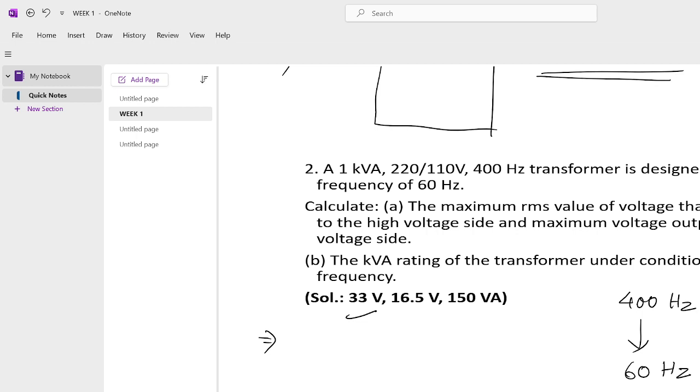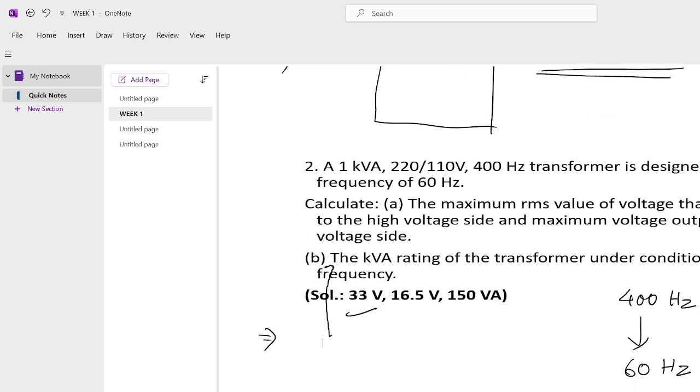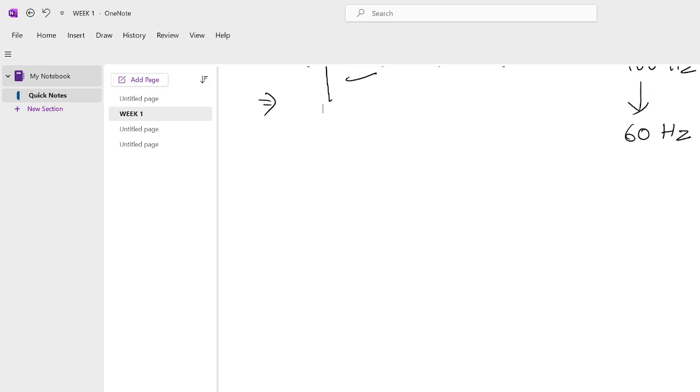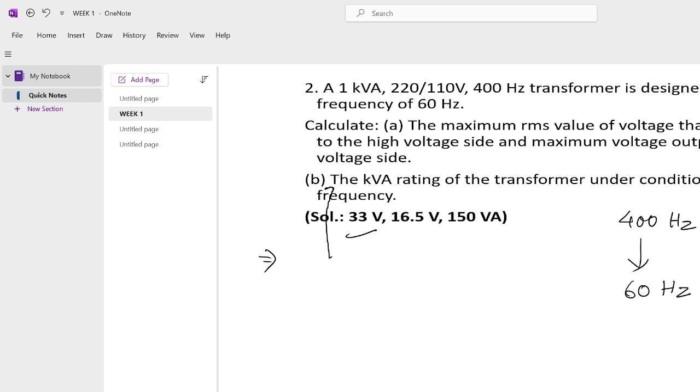So when you had 220 volt, it was operating at 400 hertz. Now when you have 60 hertz, it should be 220 into 60 divided by 400.